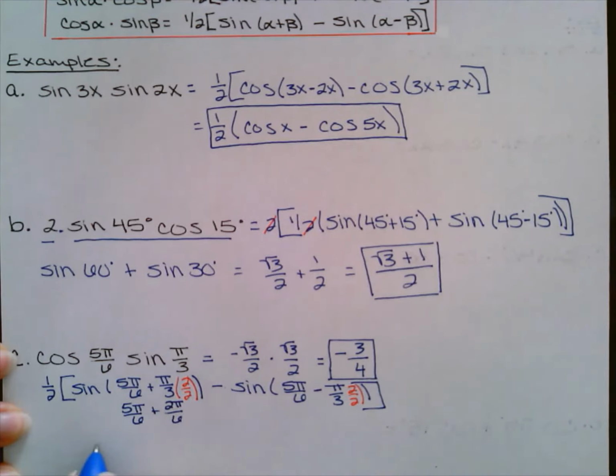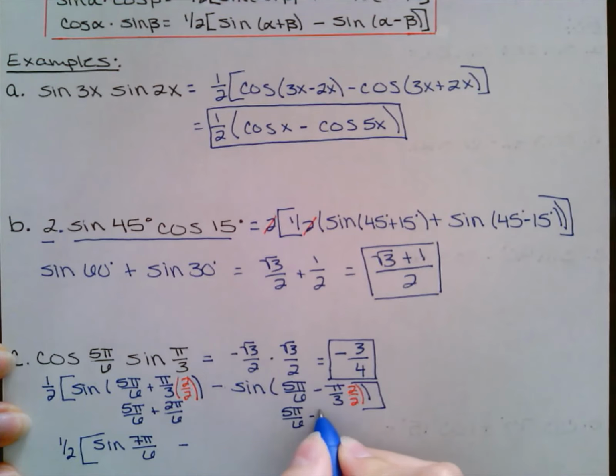So what I'm really working with here is sine of 7 pi over 6, bringing down this 1/2, minus, so over here it's going to be a 5 pi over 6 minus 2 pi over 6. So now I'm working with sine of 3 pi over 6, which is really just sine of pi over 2.